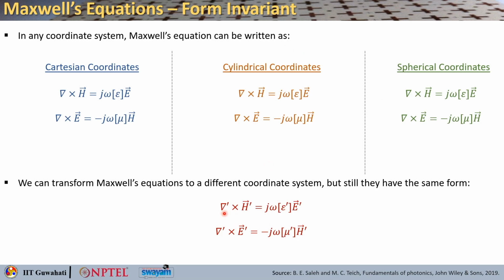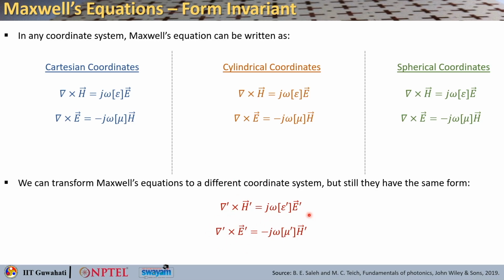So you can write del prime cross H prime, that will be equal to j omega epsilon prime E prime, again del prime cross E prime. So that is basically curl of H and curl of E in the new coordinate system. So the vector fields are also transferred to the new coordinate system, and the operation that you are taking, curl, that is also transferred to the new coordinate system.